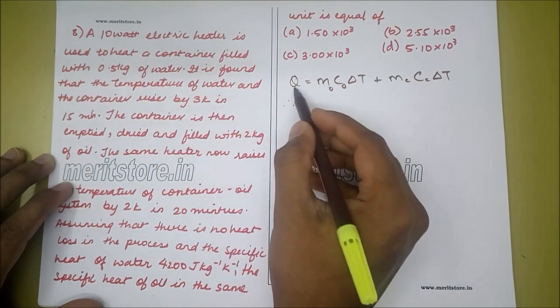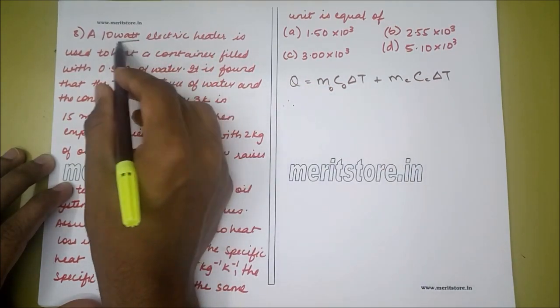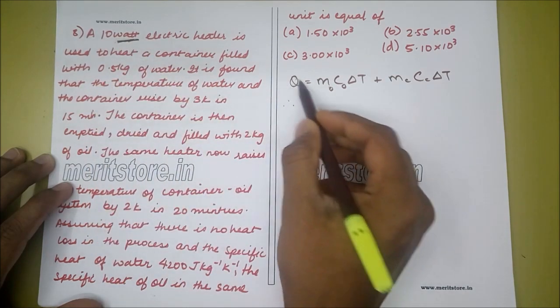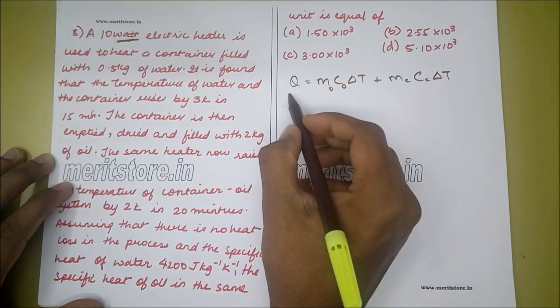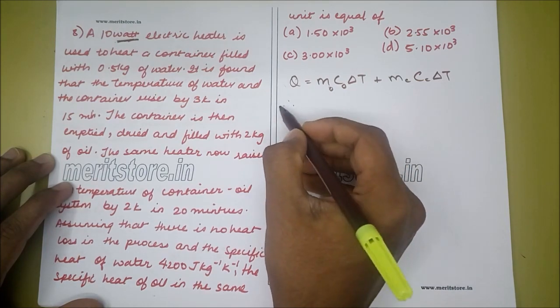So the electric heater is given in terms of watt. This is the unit of power, and here we have energy. Power is nothing but energy per unit time, so energy would be power into time.